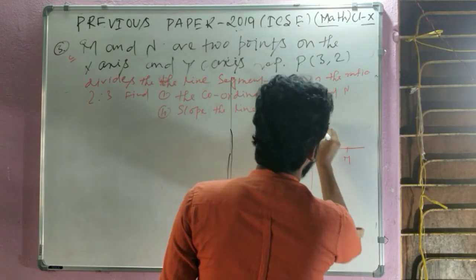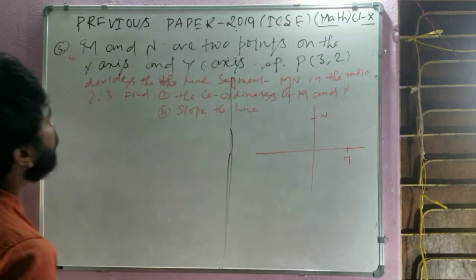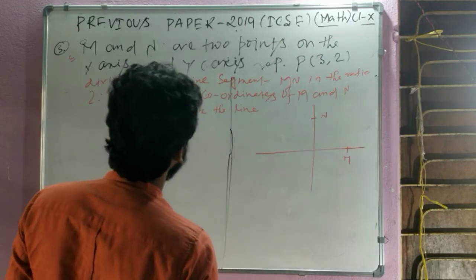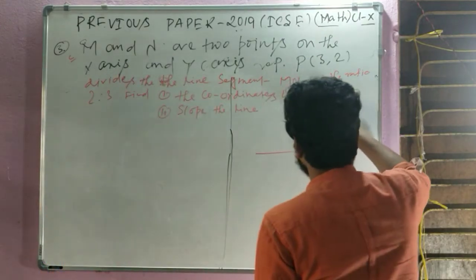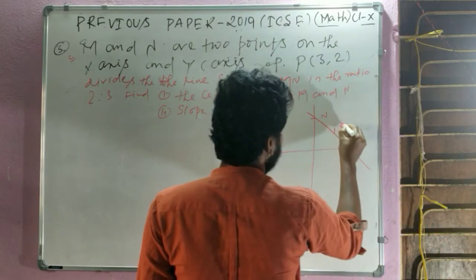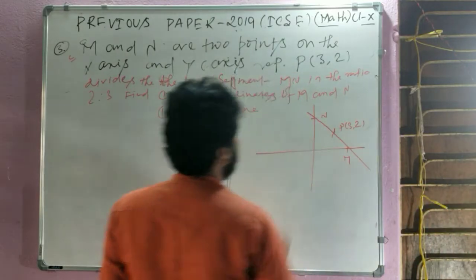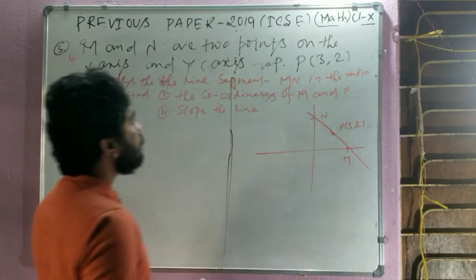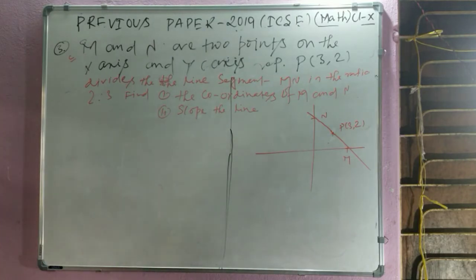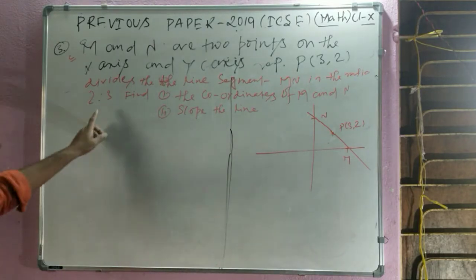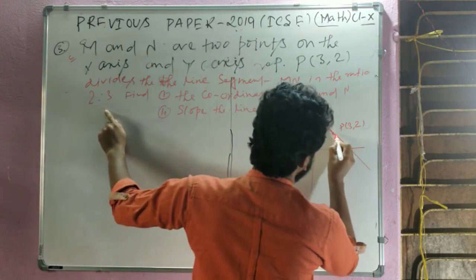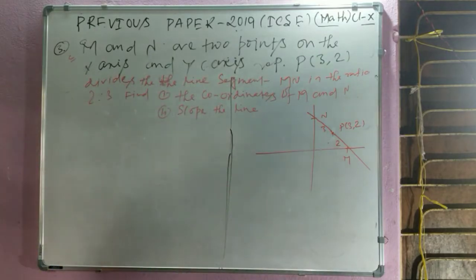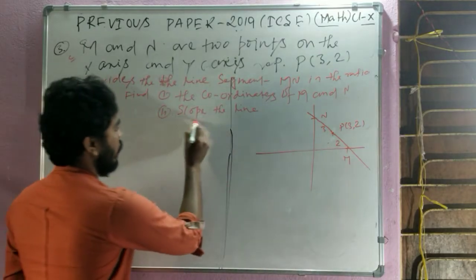X-axis point M, y-axis point N. Join the line M and N. This P, the point 3, 2, is given. P divides the line segment MN in the ratio 2:3. Find the coordinates of M and N and the slope of the line.